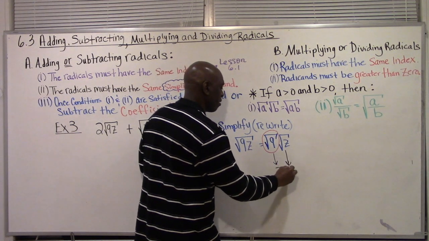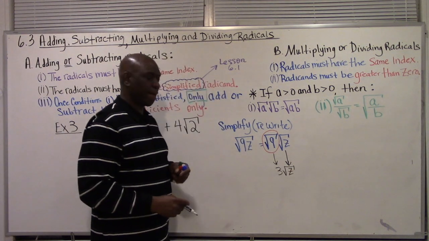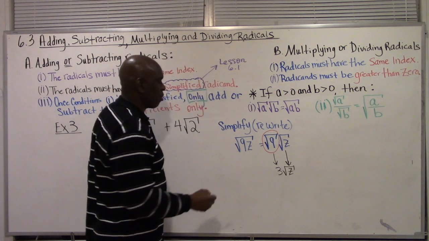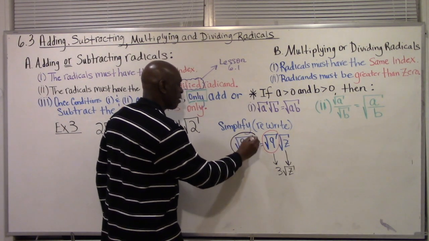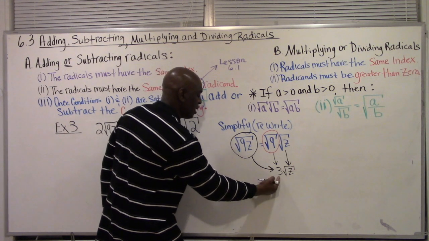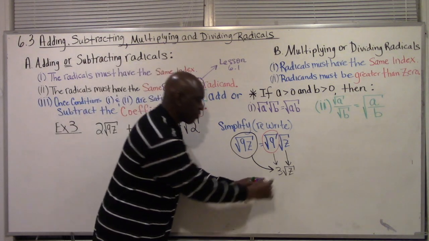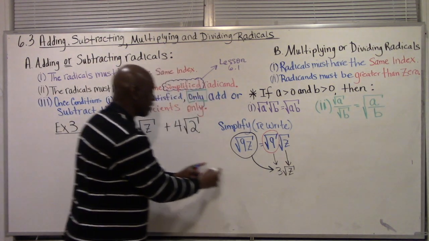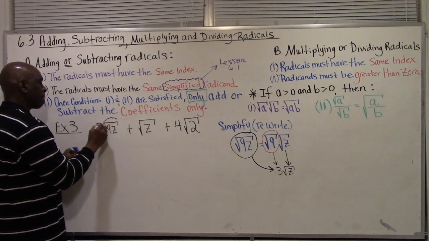The square root of z. Okay? So, 9z right here is the same thing as 3 square root z. So I'm going to take 3 square root z and I'm going to write that right here for 9z.